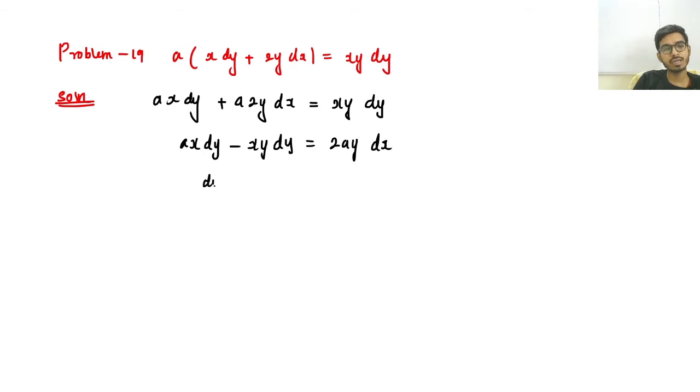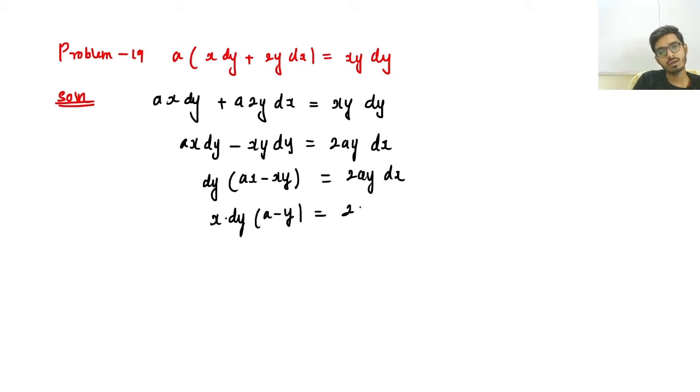So if I take dy common, so here we will have ax minus xy, or I can also take x common here, right? Okay, let me do it in the second step. So 2ay dx, I can also take x common here. So x into dy is equal to a minus y into 2ay dx, right?